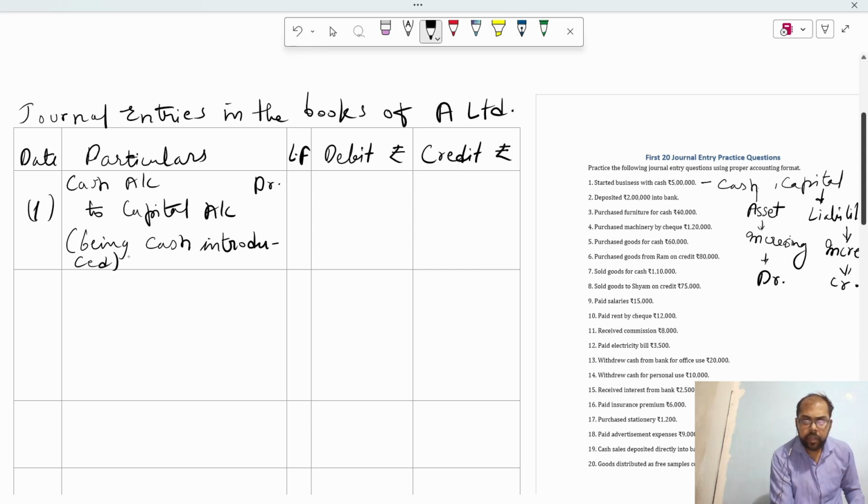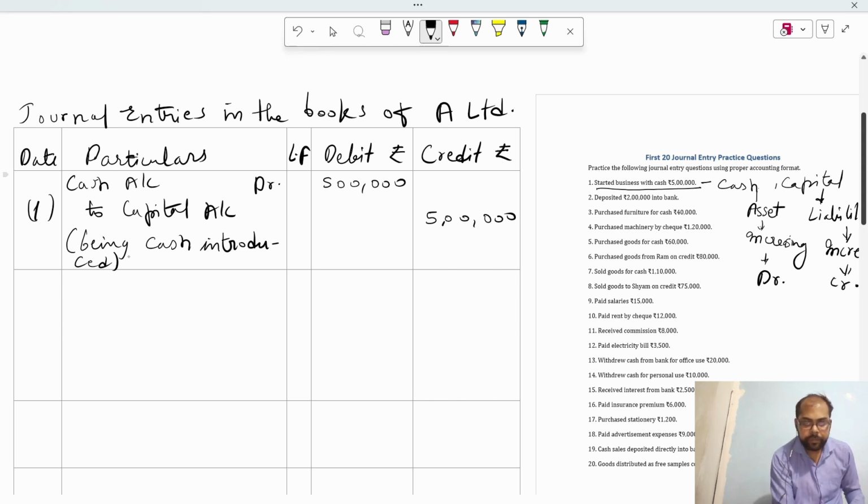Or you can just write down the statement, started business with cash rupees 5 lakh, as a narration here. There will be no problem. Now, what was the amount? Rupees 5 lakh in both the columns. 5 lakh in the debit column as well as in the credit column.